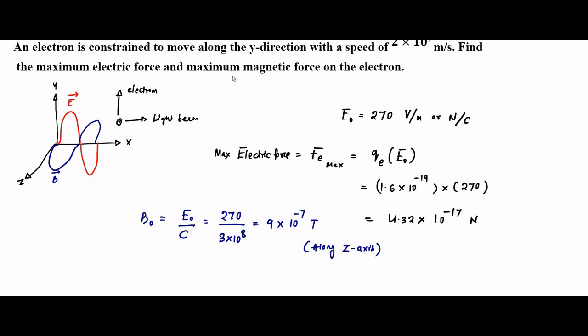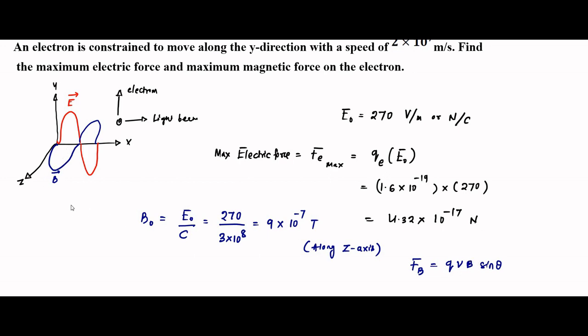So here we also have to determine the maximum magnetic force on the electron. For that, if you remember, there is a formula: the magnetic force is given by Q V B sin theta, where we have a charge Q moving with a velocity v in a magnetic field of flux density B at an angle theta with respect to the magnetic field line.